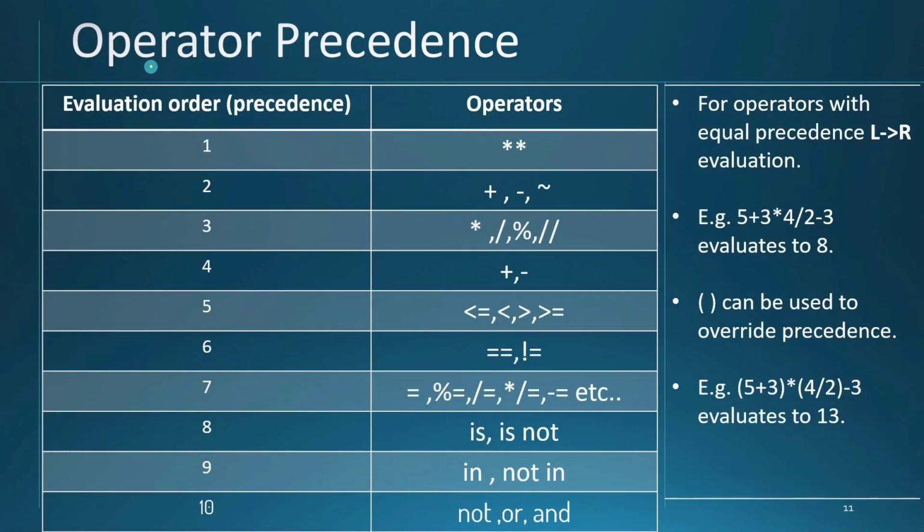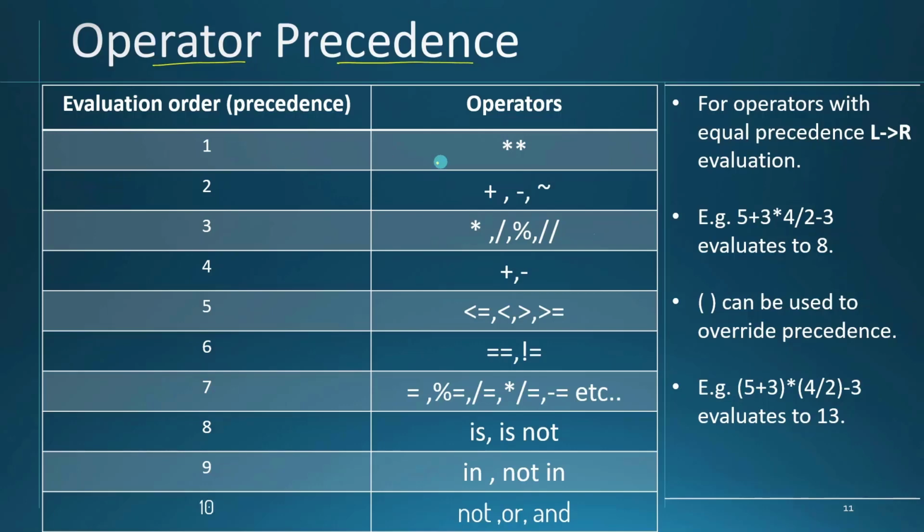Now to understand that, this is the rule. We call it the operator precedence table. Precedence means this is like a ranking. So the first rank operator will always get the first preference to be evaluated, and the last rank operator will be done as the final operator in the evaluation process.